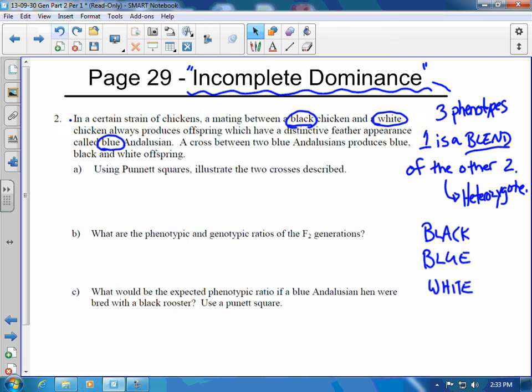In that case, we're going to use B's for black, maybe W's for white, and therefore the heterozygous BW would mean blue. That's probably the hardest part of this whole question.